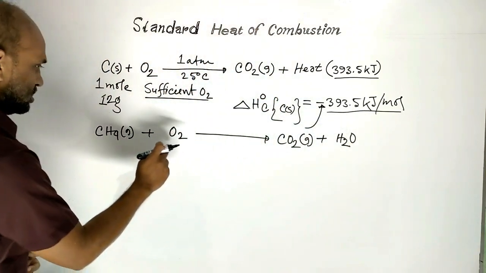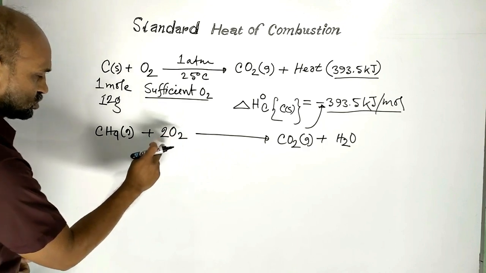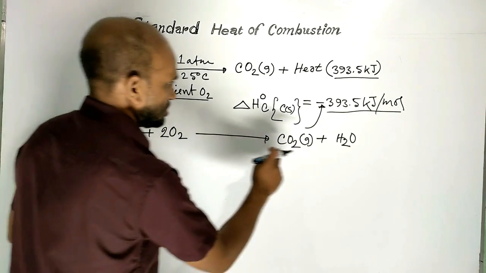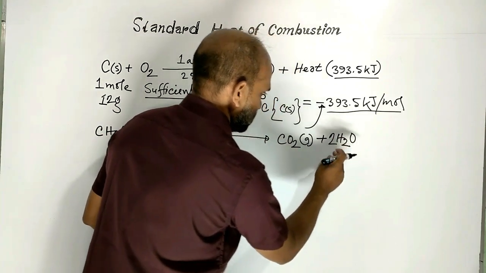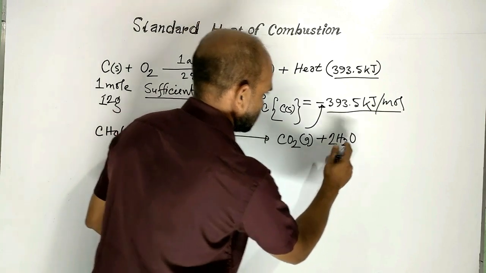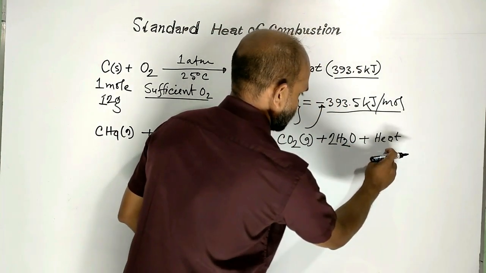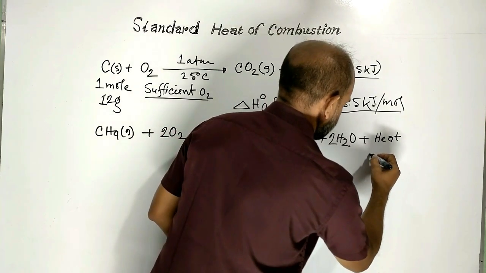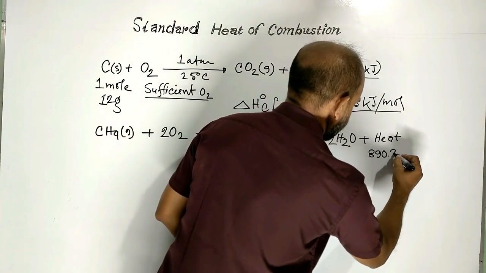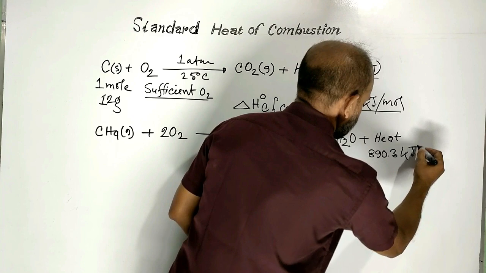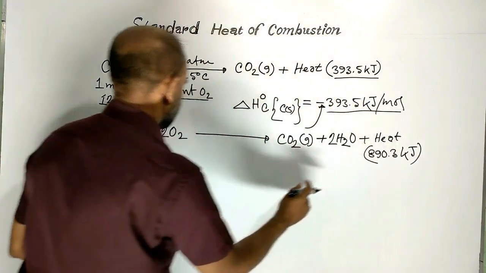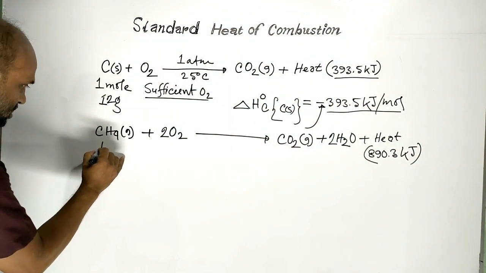Here 2 moles of oxygen and 2 moles of water. This reaction produces some amount of heat, which is 890.3 kilojoule.